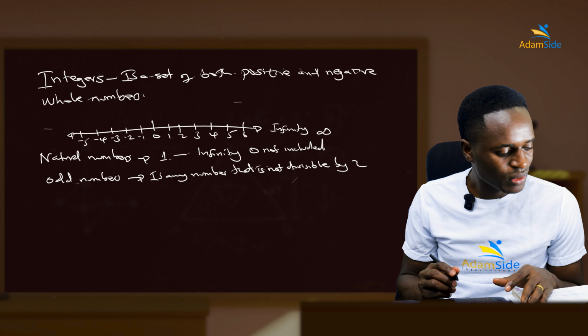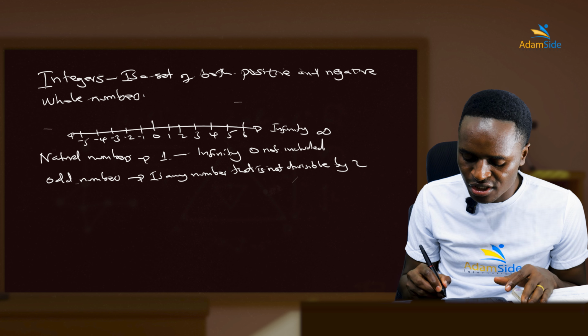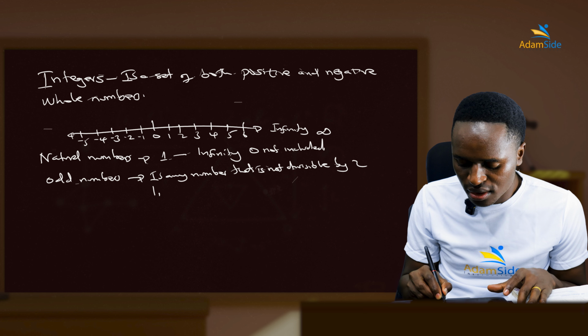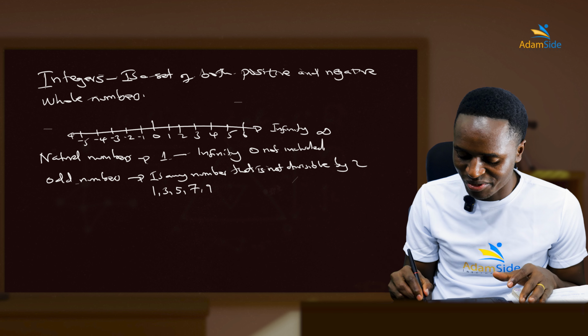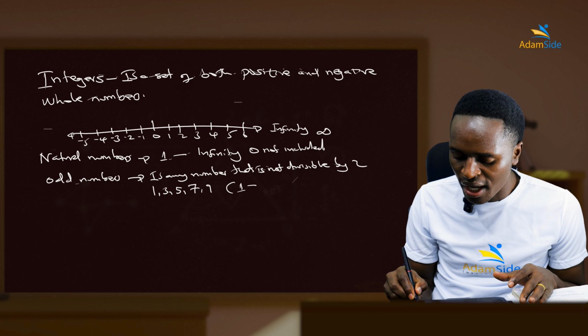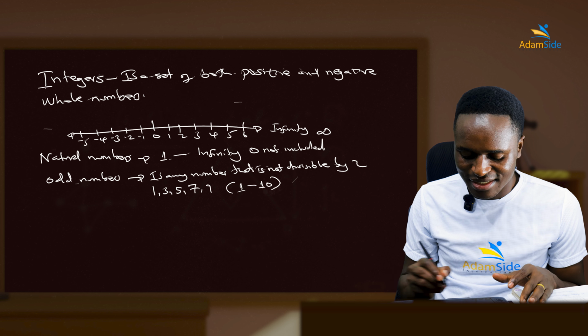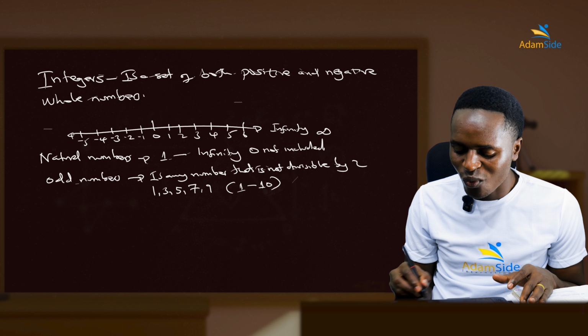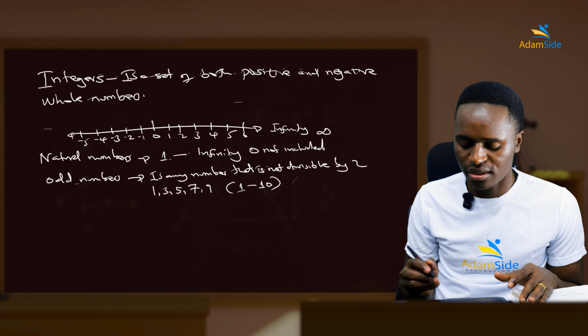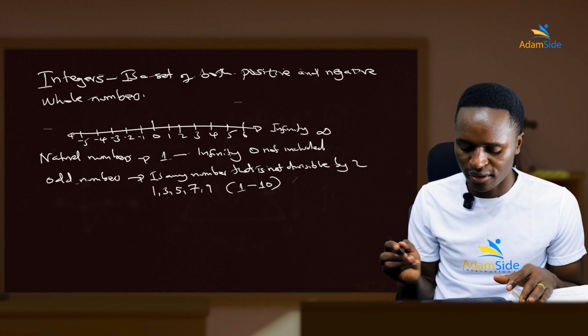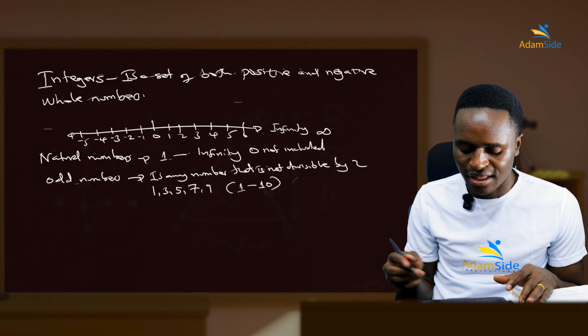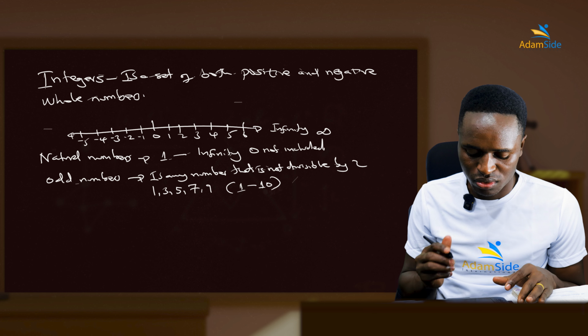For example, in the range between 1 and 10, we have 1, 3, 5, 7, 9. These numbers are not divisible by 2 at all.